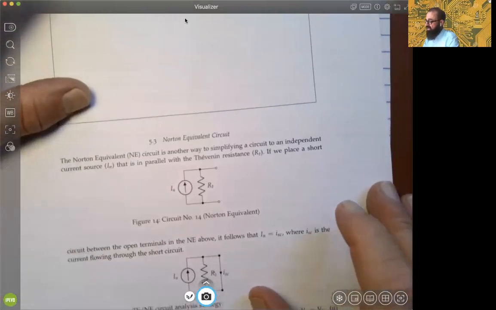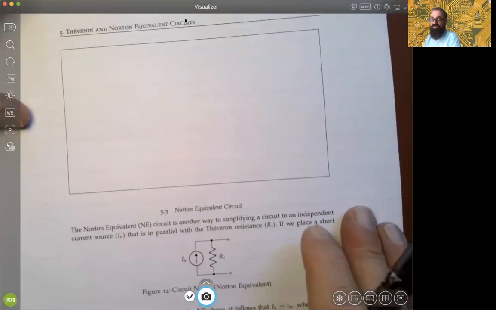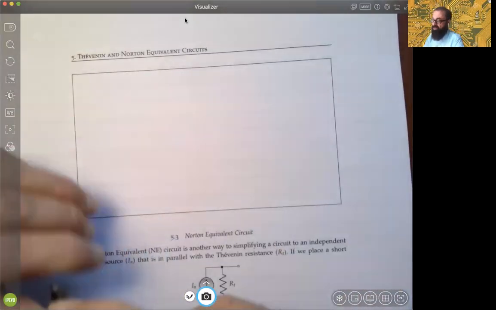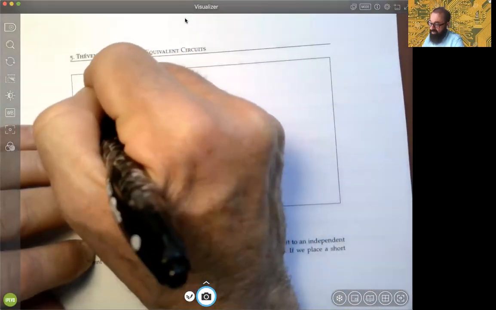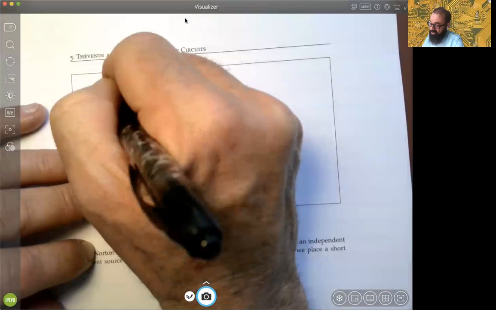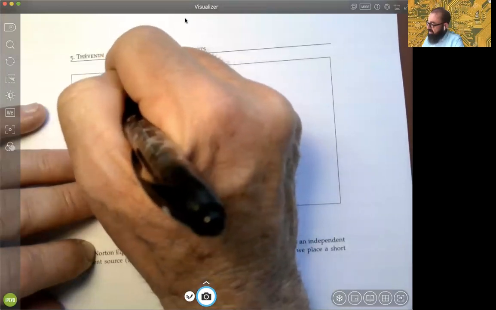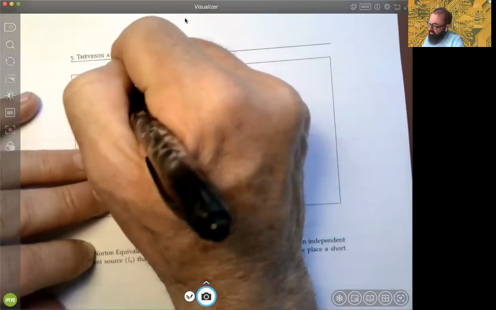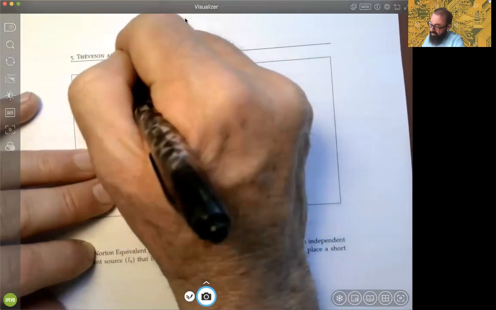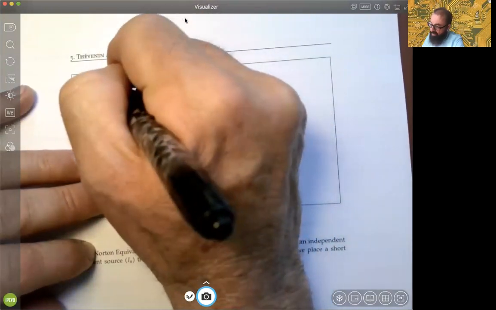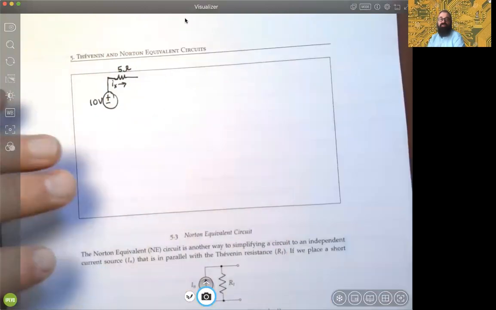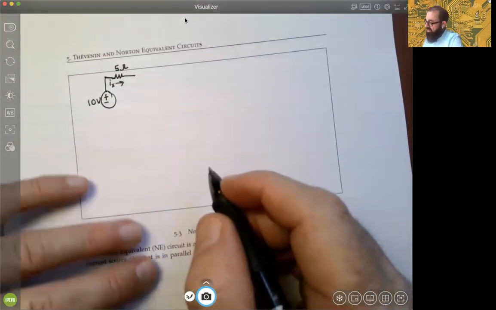And I will redraw the circuit now with the short circuit. So we have to go in and draw the short circuit in. We still have the 10-volt source here, which is independent, connected to the 5 ohm resistance. And remember, the IX was the current through, left to right.